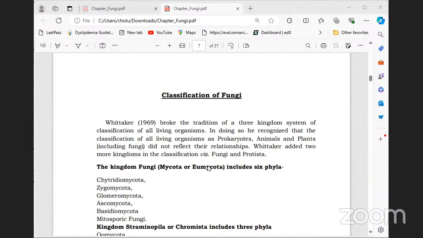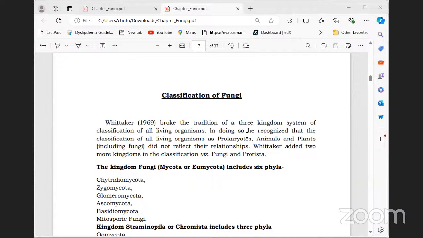The scientist is Whittaker in 1969, who broke the tradition of the three kingdom system of classification of living organisms: prokaryotes, animals, and plants.